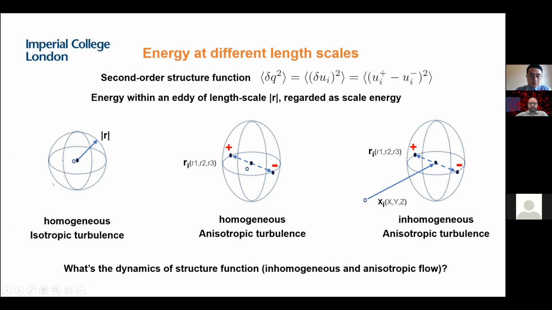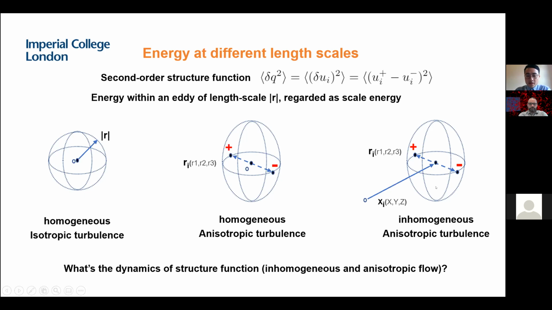And this is the description for homogeneous and isotropic turbulence. In this case, eddies are independent of its location and its orientation. For the homogeneous and anisotropic turbulence, the eddy is independent of its location, not for the orientation. So in this case, we have to add the separation between the 2 points as a variable to represent its orientation.